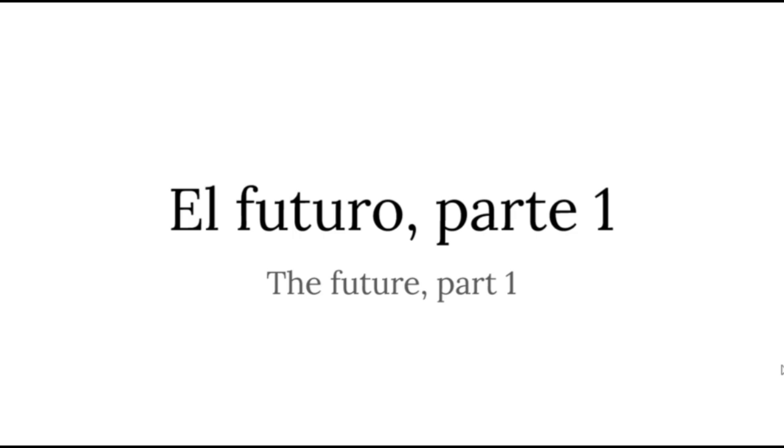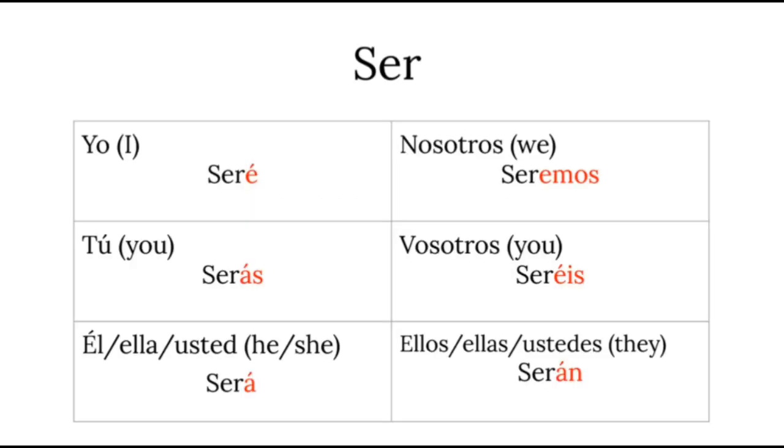So let's start with the verb to be, which is one of the most important verbs in Spanish, of course. And we can analyze how the future tense in Spanish is formed by studying this verb.